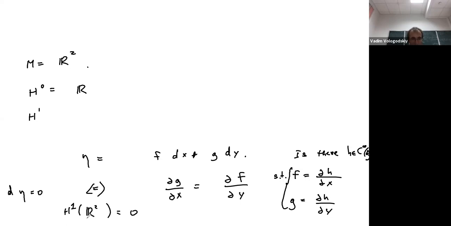We will prove, for example, that the de Rham homology of any manifold M multiplied by R, a real line, is the same as the de Rham homology of M itself.